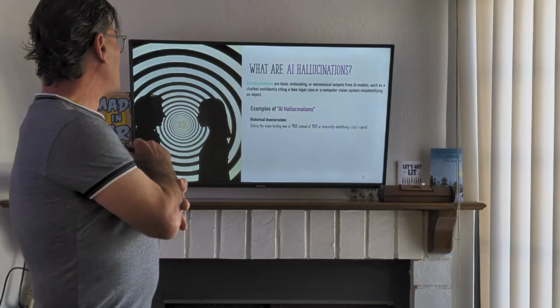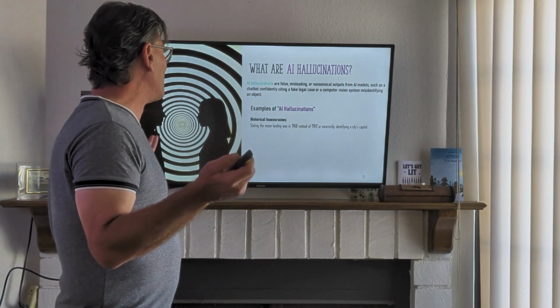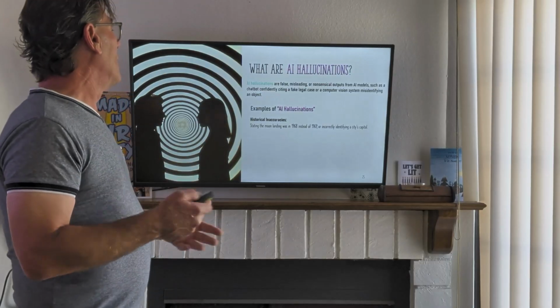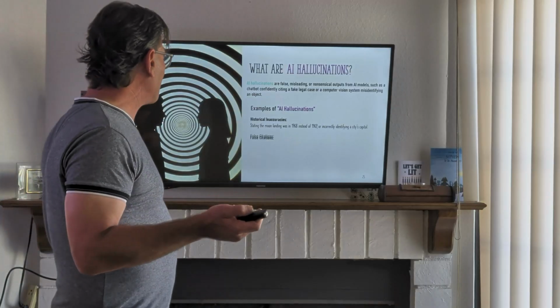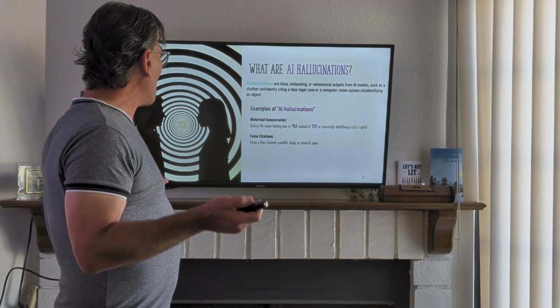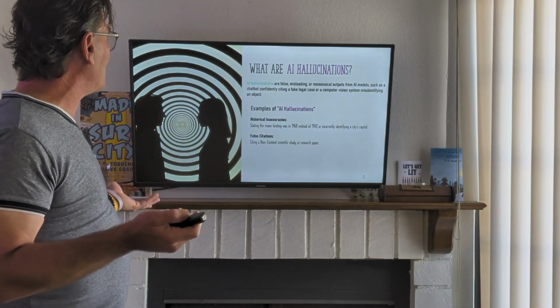Examples of hallucination could be historical inaccuracy, saying that the moon landing was in '68 instead of '69, or incorrectly identifying a state or city capital. False citations, citing a non-existent scientific study or research.